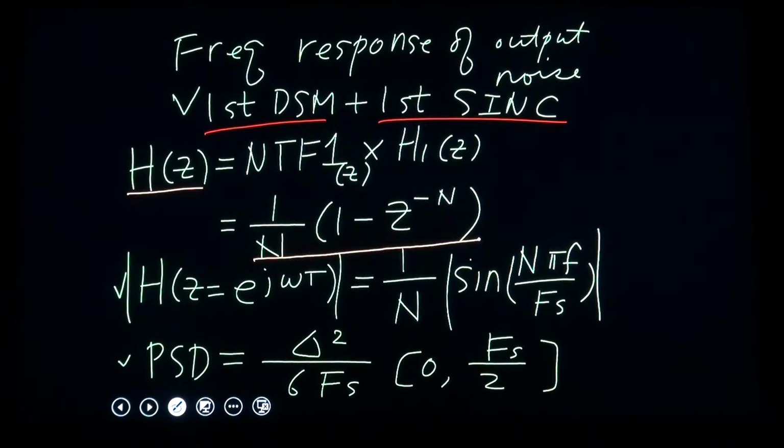This is my transfer function. If I substitute z equal to exponential j omega t, then, oh, there is a 2 here, right? Sine j2. Yeah, there should be a 2 here.